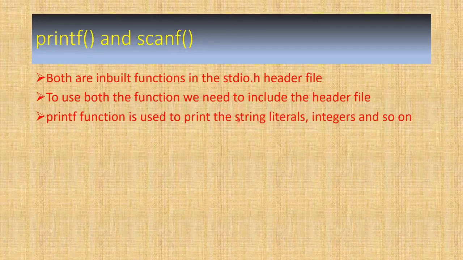What are string literals? In the previous tutorial we had statements like printf hello world, so hello world here is the string literal. We can print string literals, integers and so on by using the printf function.